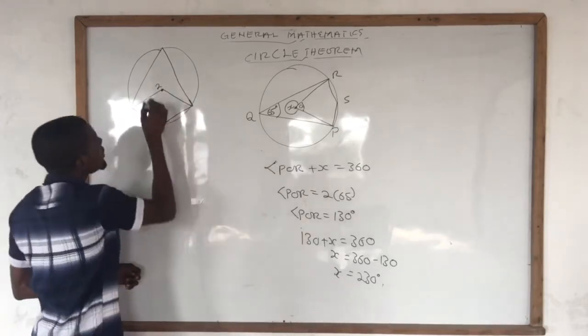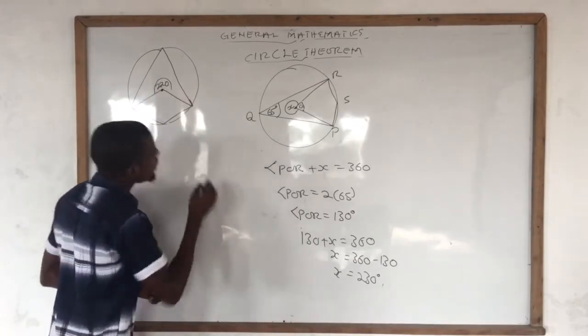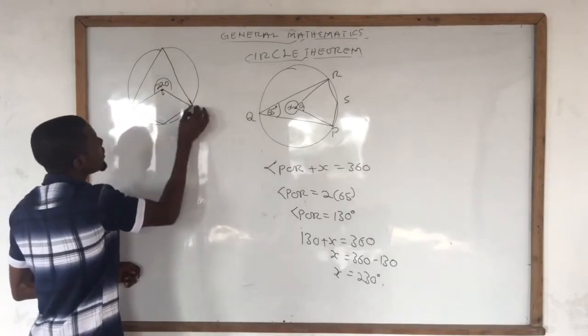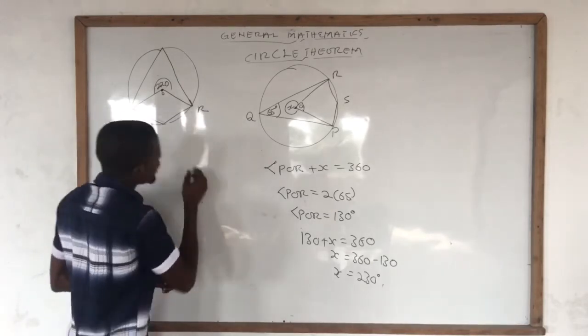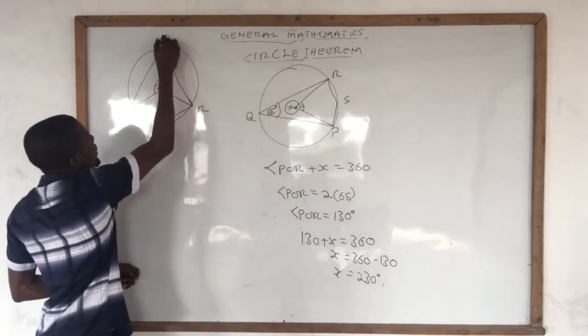The top here is 220 degrees, I guess. And of course, the middle part is O. I have P, I have R, and they said I should find the value of X. This is Q as well.